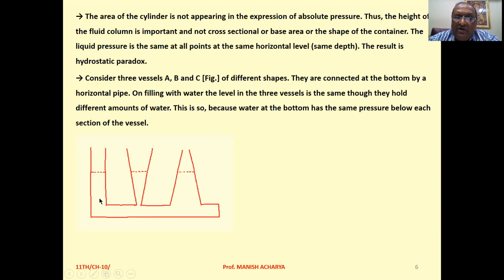Suppose you pour water into this first tube, right? And suppose you observe the water level when it becomes steady, then you can observe this thing in all 3 containers. The water level will be the same, which suggests that at the same level the pressure is the same.